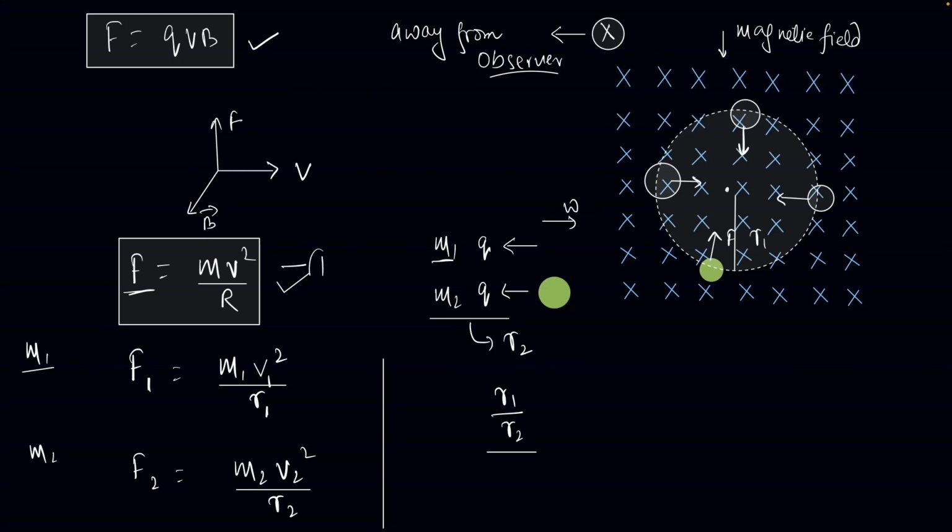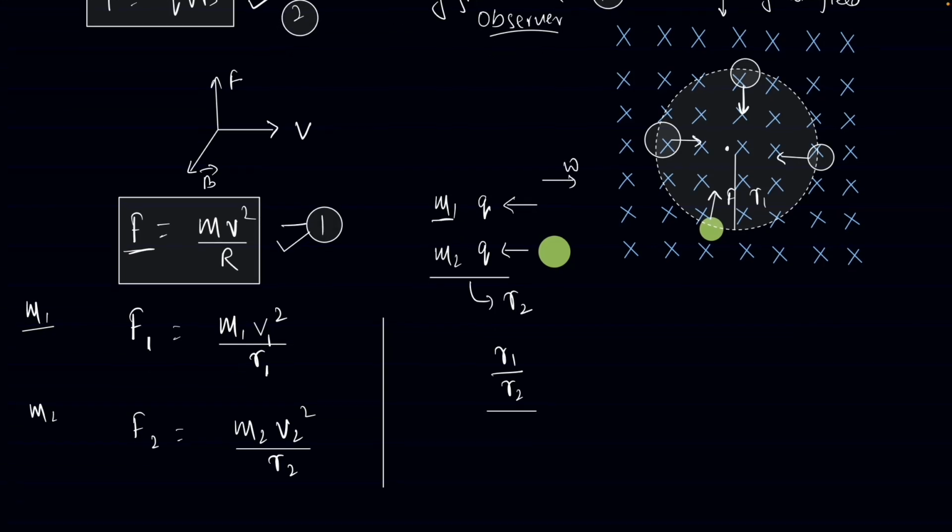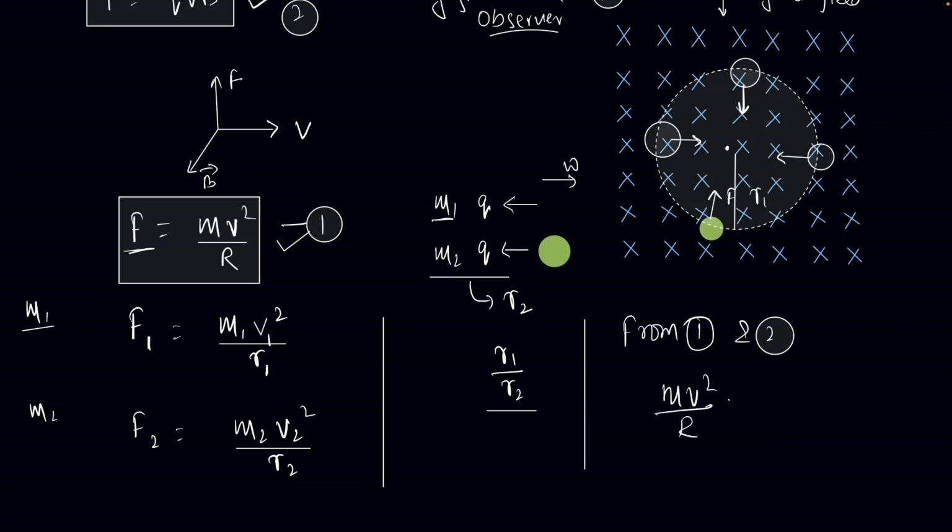Let's take this as relation 1 and this as relation 2. From relations 1 and 2, we can write m into v square by r is equal to qvB. Velocity cancels, so radius is equal to mv by qB.